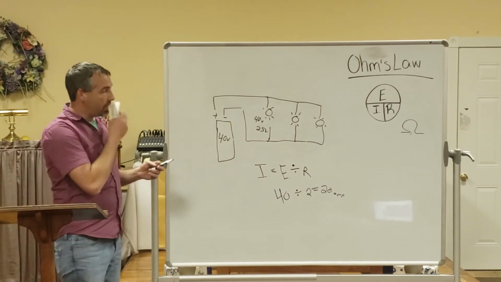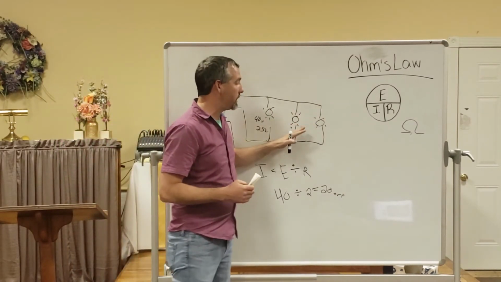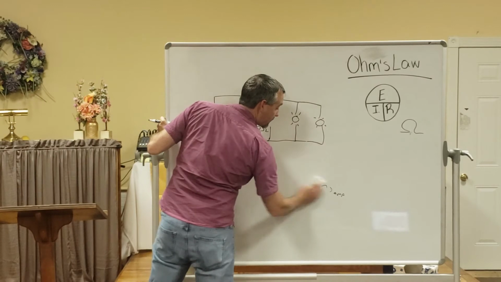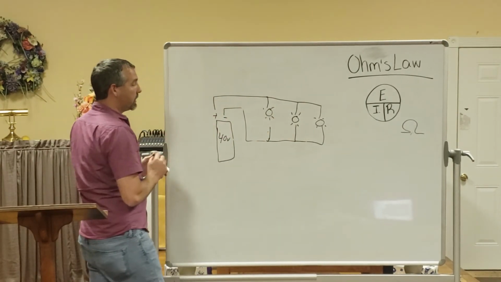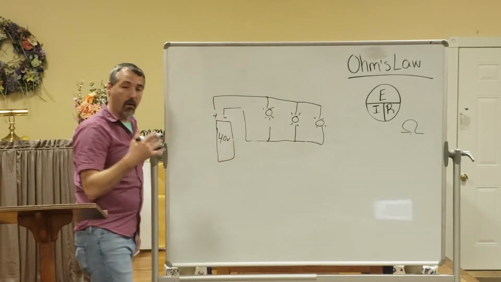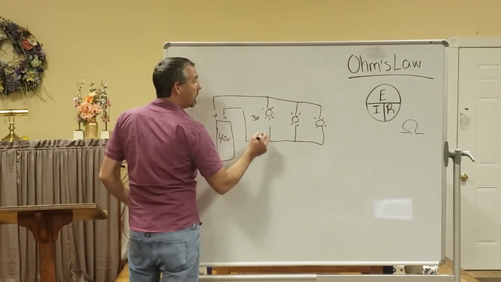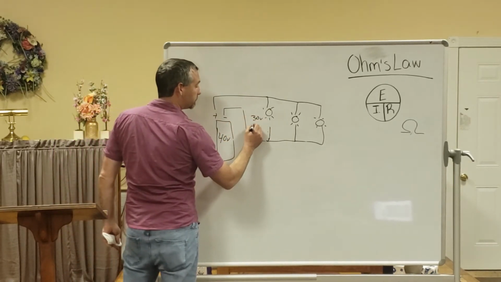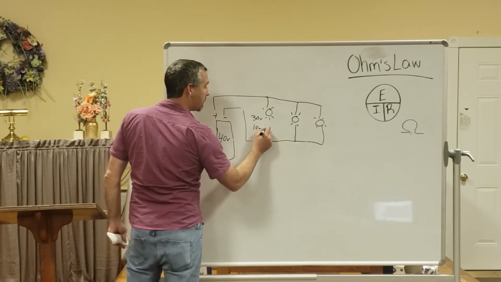All right, and our last thing we want to discuss is resistance in a parallel circuit. Resistance is about the same way. So if we know our voltage, say, for example, our voltage is 30, and we know that our amps is 10 amps.